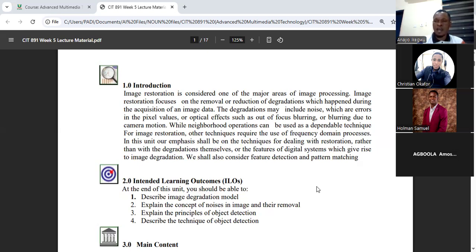The image may capture some certain background. The image may have some spots. These are what we call degradation, which makes the image lose its clarity or brightness.